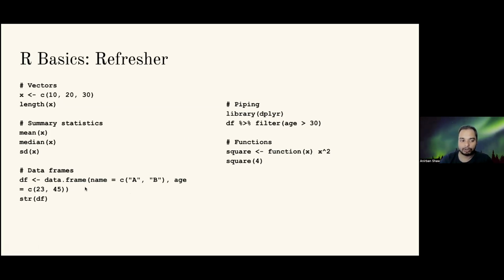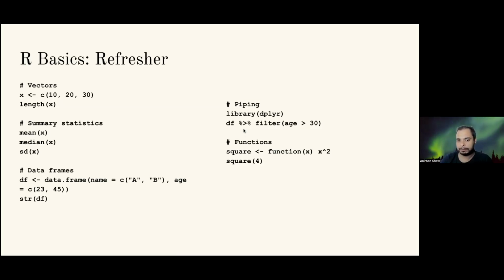So what is piping? It's important because I think even beginners should know piping, because in any tidyverse documentation you will see pipes. It's a very simple concept actually, and it has got nothing to do with statistics, but it's just to understand the concept of piping.